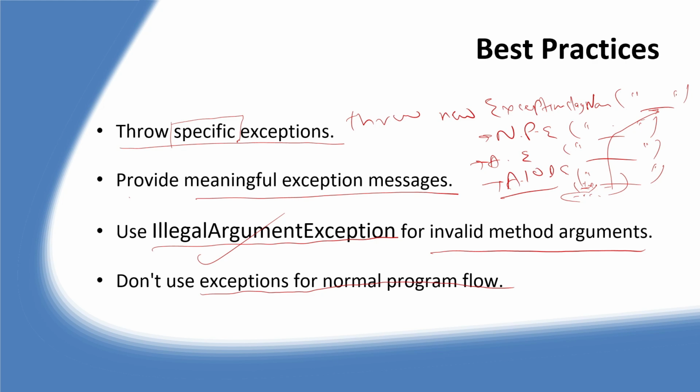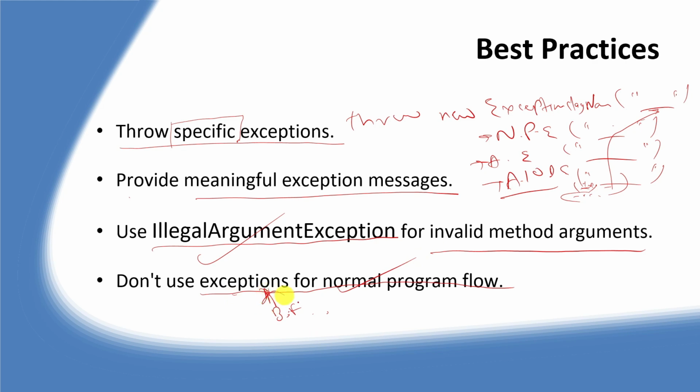So the last point is saying you only use exception if you're really getting an exception. That means if any business rule is failing or something is not valid, in those conditions only use exceptions. If it is working normally, don't use any exception. Only for exceptional cases use exceptions.